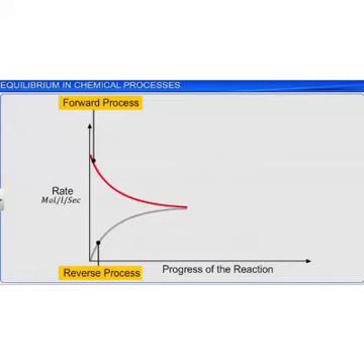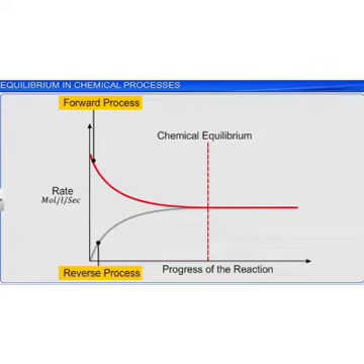This stage is known as chemical equilibrium. It must be noted that the reaction can reach a state of equilibrium even if we start with the products, because equilibrium can be reached from either direction.